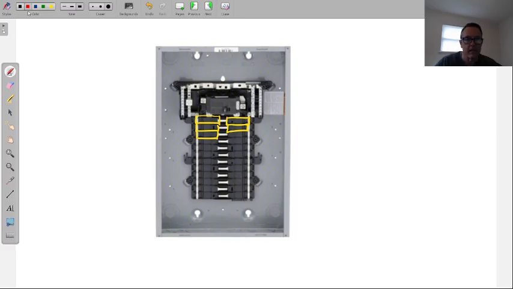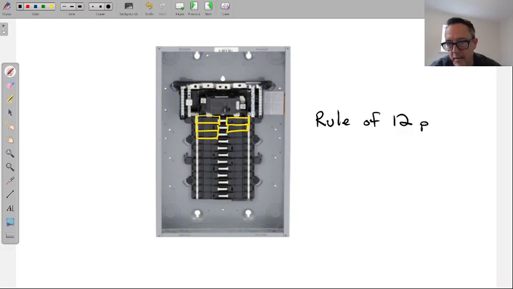So with the outlets, here's the rule of thumb, which is the rule of 12. And it's 12 points, not 12 anything. A receptacle drawn like this is worth 2 points, and switches are worth 1.